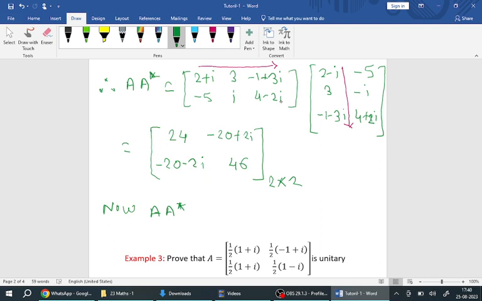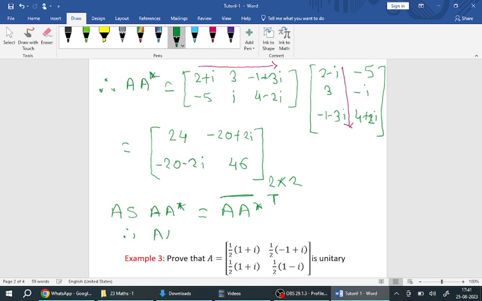You can cross check, because the non-diagonal elements are conjugates of each other. So instead of finding it separately and then writing, I'm writing directly here that it is equal to its bar and transpose.